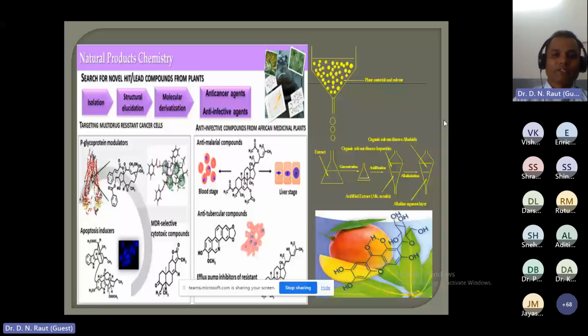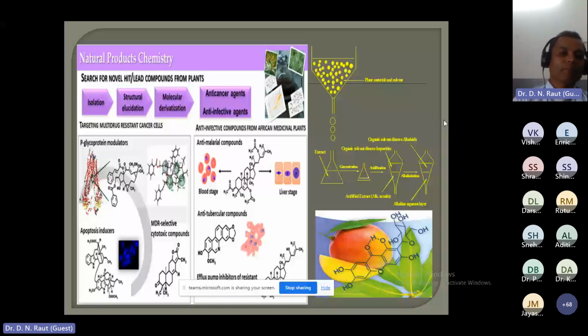And we have started research from isolating the compounds from plants to cope with modern medicines. In this case, we have natural product chemistry to search for new lead compounds from plants, which involves isolation, structural elucidation, molecular degradation, and the biological activity of those particular compounds.